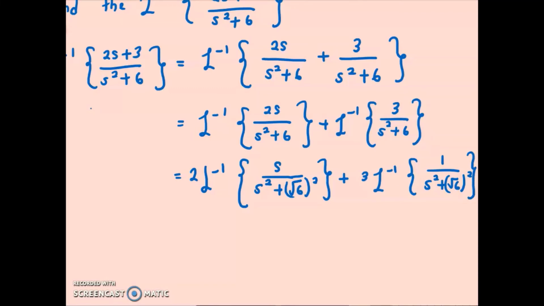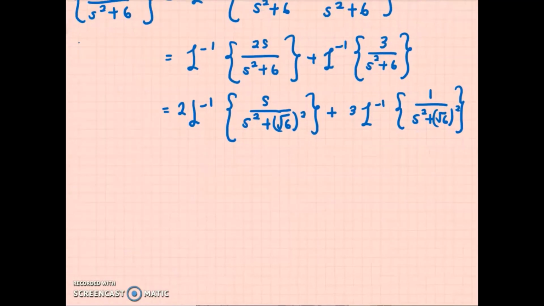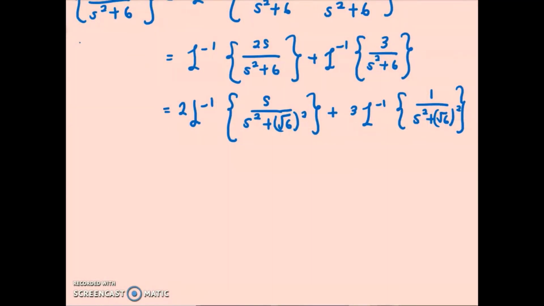Now by the table, we know that this one must be s over s squared plus k squared, so my k is square root 6. That gives me 2 cos square root 6 t.